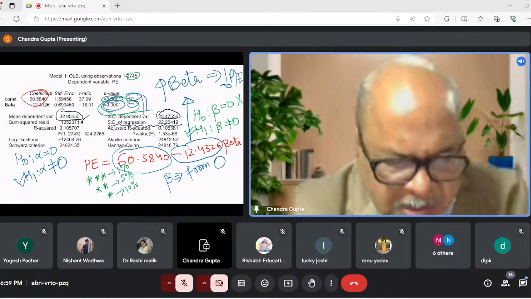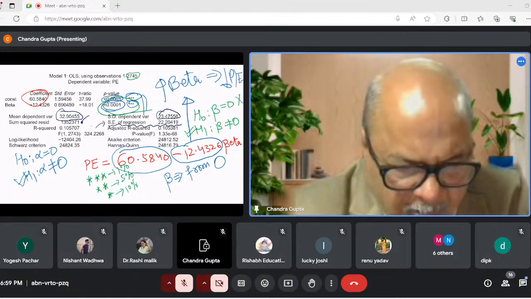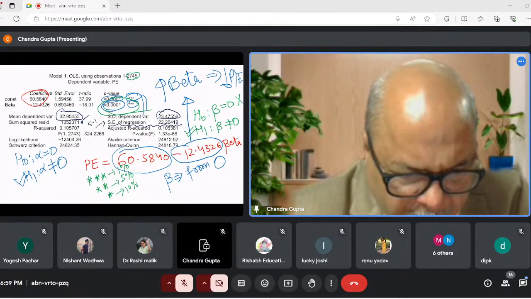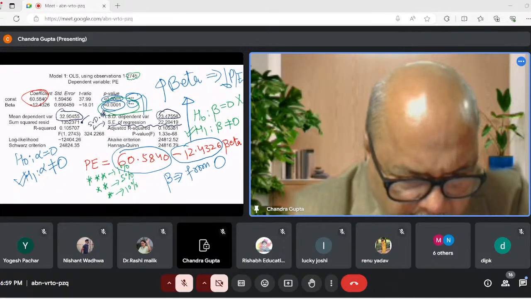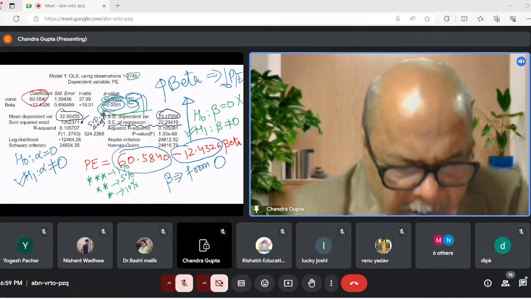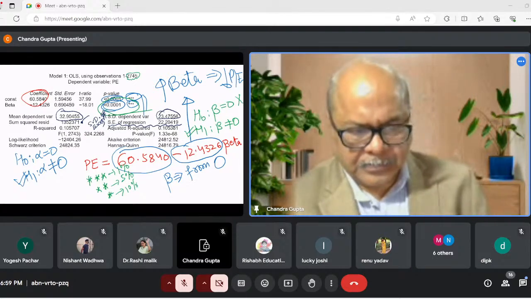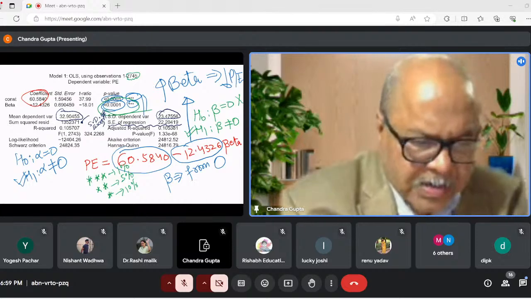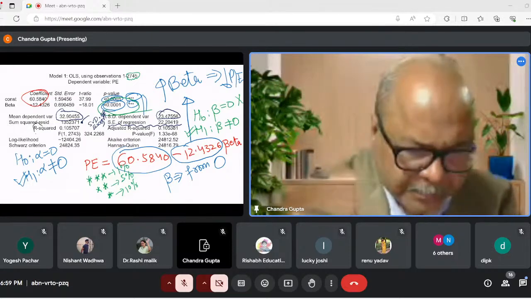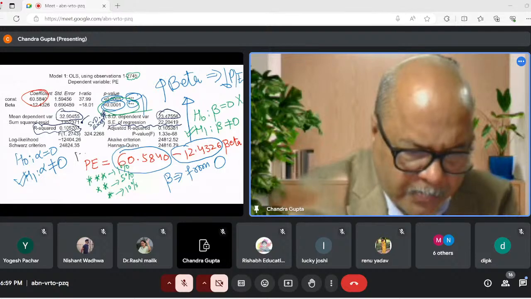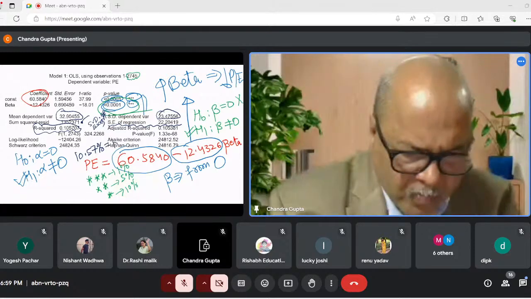So this is nothing but the standard deviation of error. Value of the R square is this much. 10.57% is my R square.